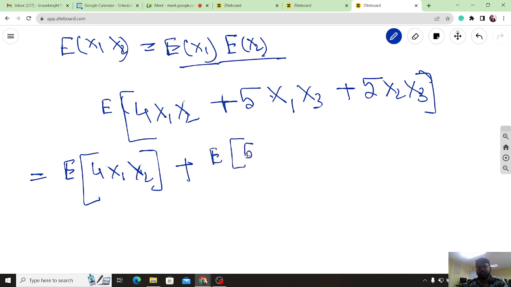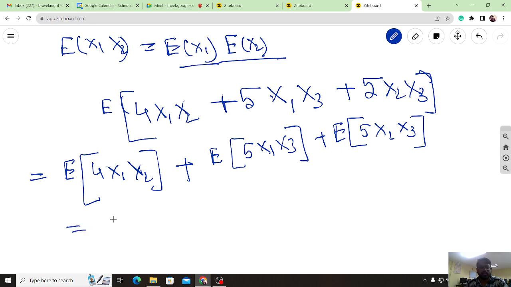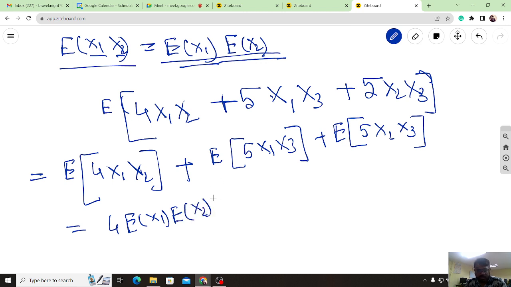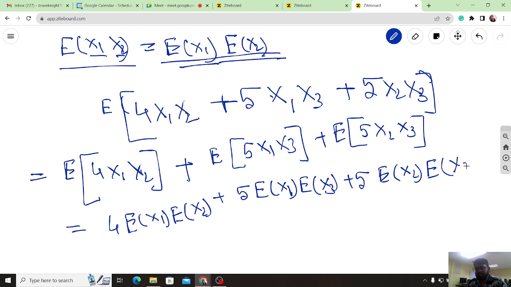Using this property for independent variables, it is 4 times expected value of x1 times expected value of x2, plus 5 times expected value of x1 times expected value of x3, plus 5 times expected value of x2 times expected value of x3.